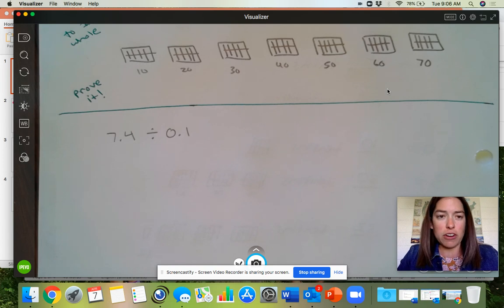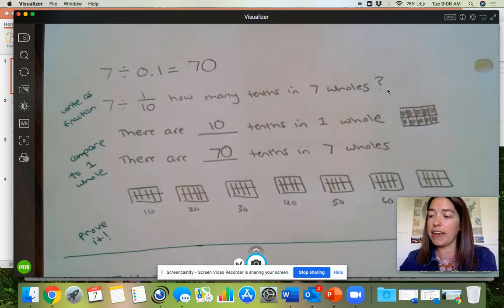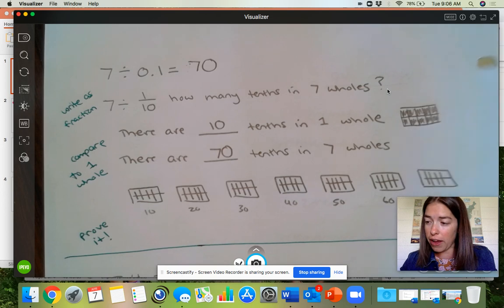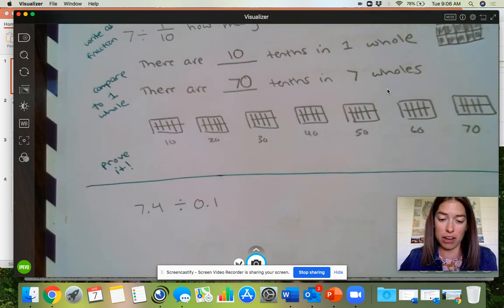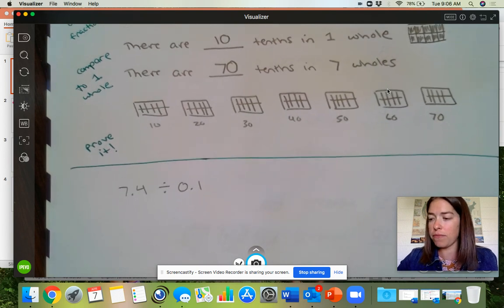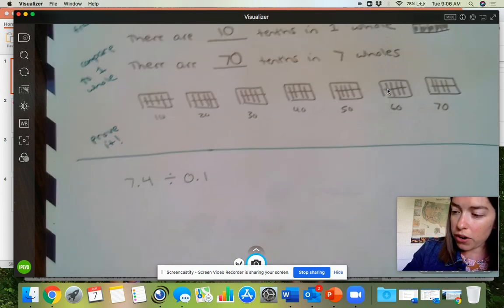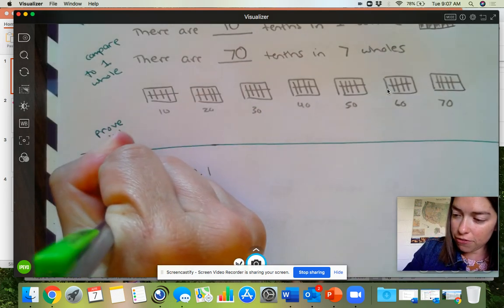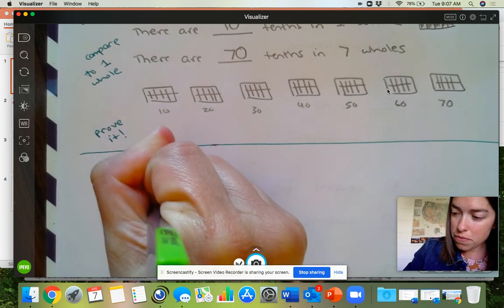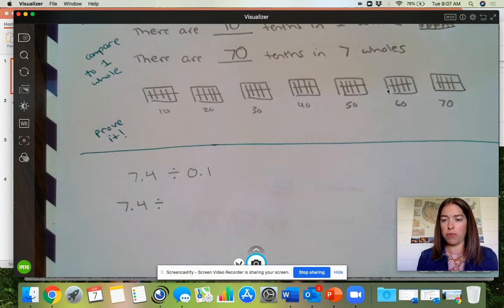All right, let's go back and look at our steps. You have these written down. The first thing that I want to do is I want to rewrite it as a fraction. Now, do not get tricked. I am not going to write both of my numbers as a fraction. I'm only going to rewrite my second number or my divisor as a fraction. So rewrite it along with me. We're going to keep this as 7 4/10 divided by, and here I'm going to be rewriting my divisor.